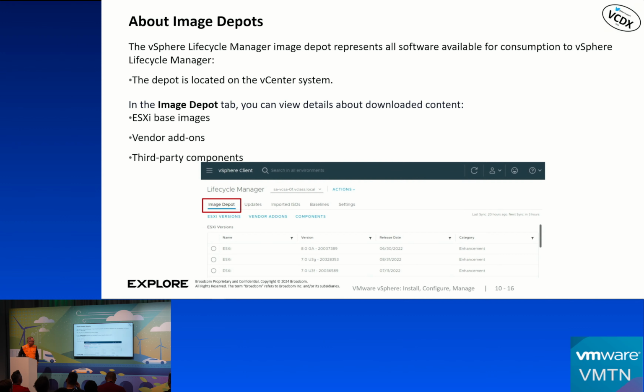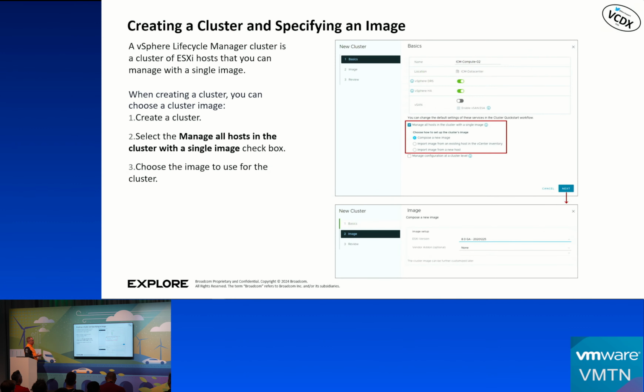Nothing really new, default vSphere admin stuff. Creating clusters and specifying an image is a requirement. First, you need to enable single image management. Then you can do the cluster configuration, which is the successor of the old host profiles.